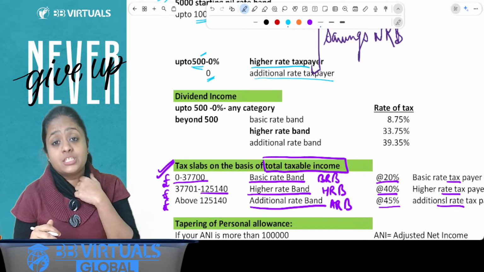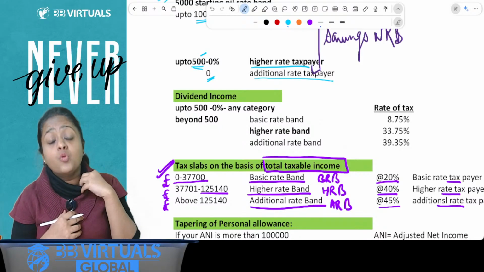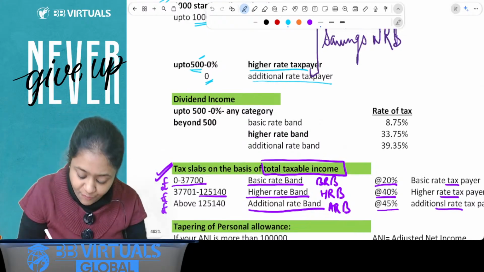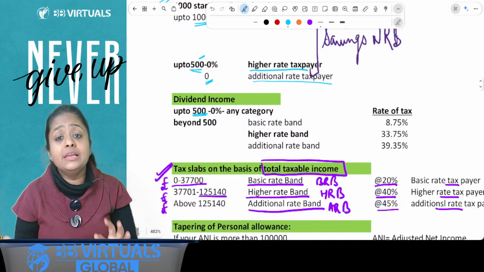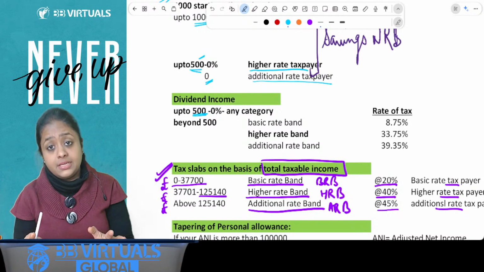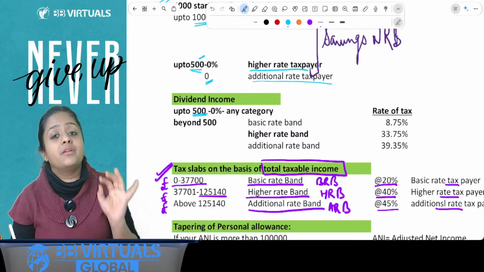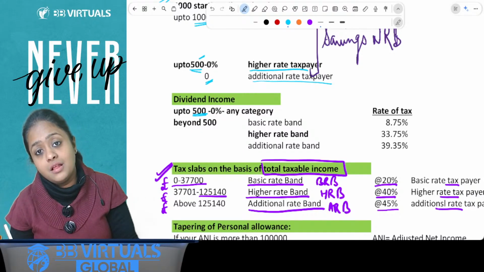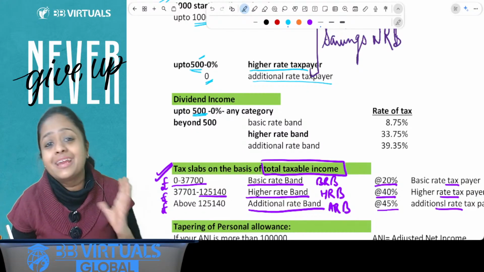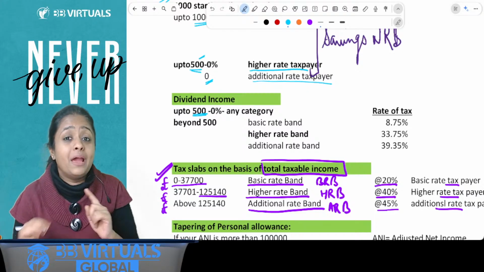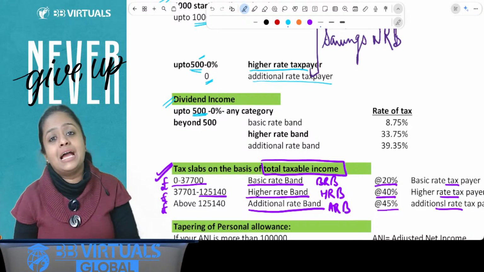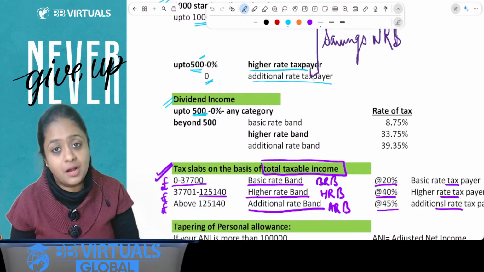Universally, all taxpayers who have dividend income will enjoy a 500 nil rate band, flat. And the remaining income will be taxed at special rates. That means you will not apply 20, 40, 45. This will also be given to you in your tax rates and allowances chart, so no need to mug up.